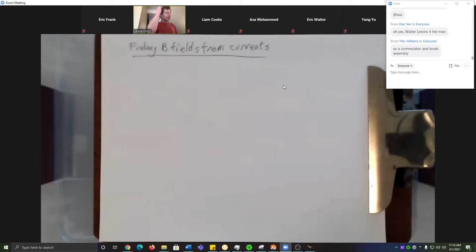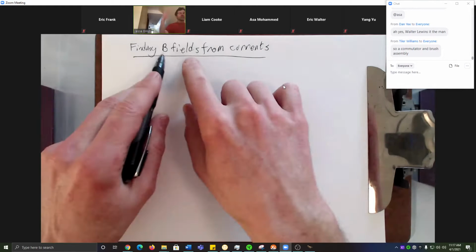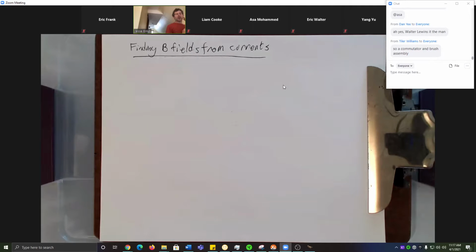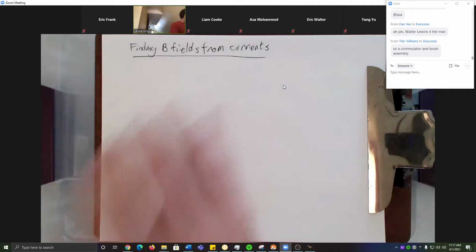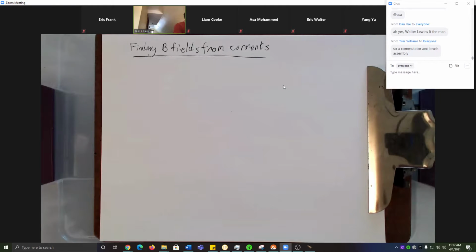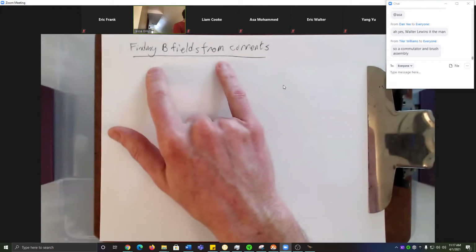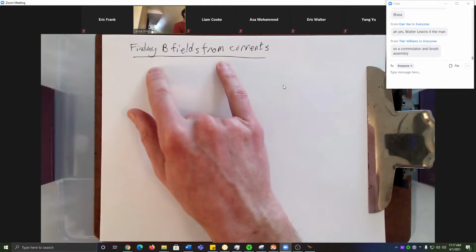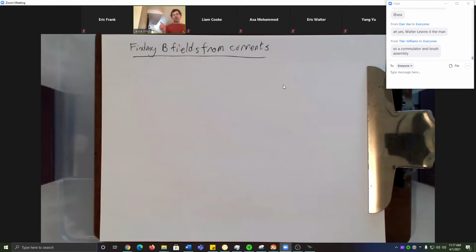But we don't do it in that order. We've been saying something is in a B field without ever talking about where that B field might come from. So now we're switching, and we're actually going to talk about how you calculate a B field from a current, right? So moving charges produce B fields, and moving charges in B fields feel forces.